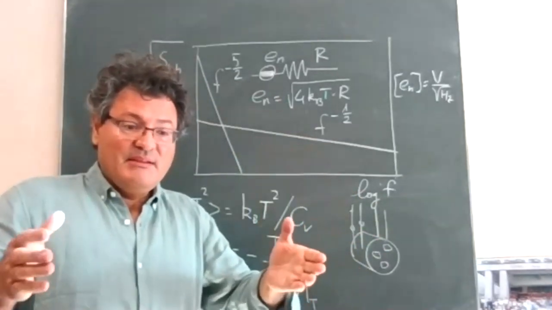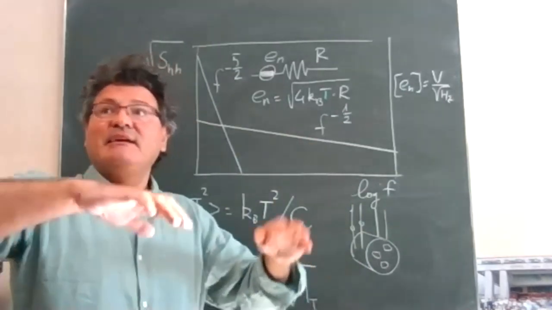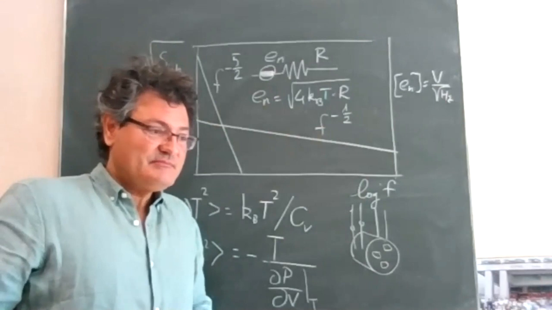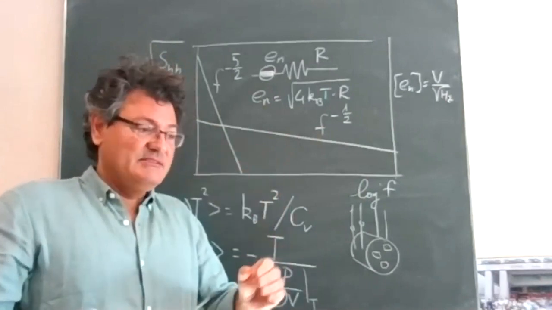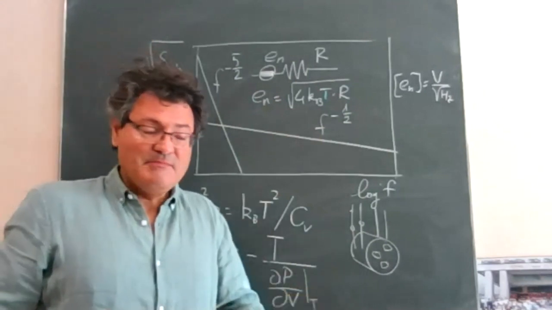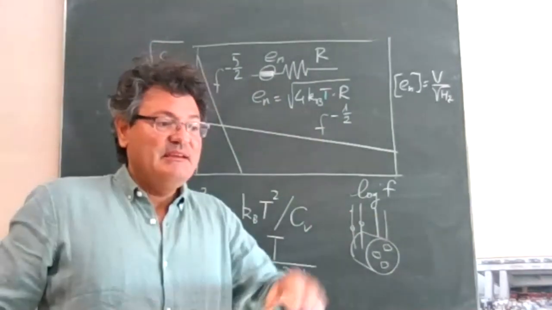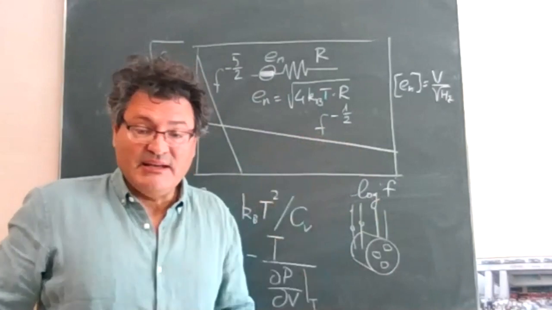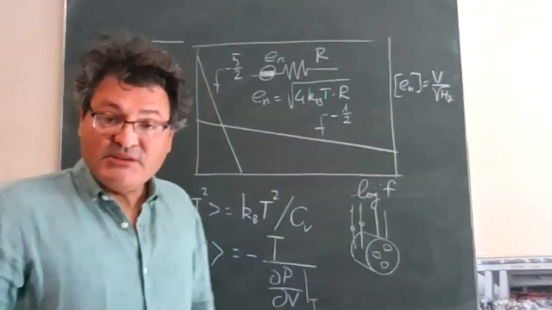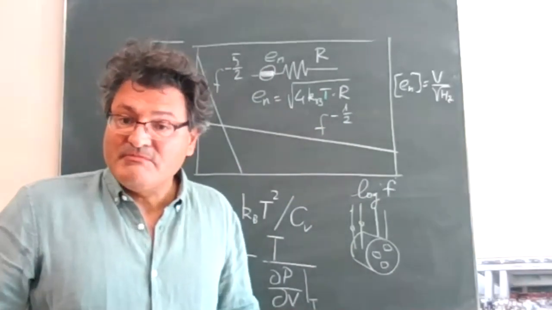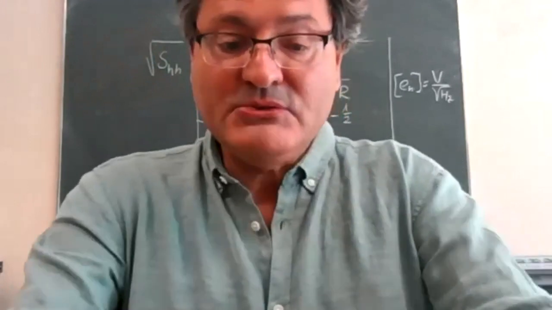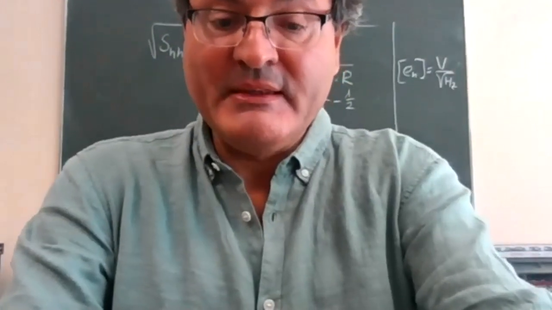The oven is made by a gazillion atoms on the surface, and they are coupled with the electromagnetic waves. So the radiation inside the oven is an expression of thermal noise.